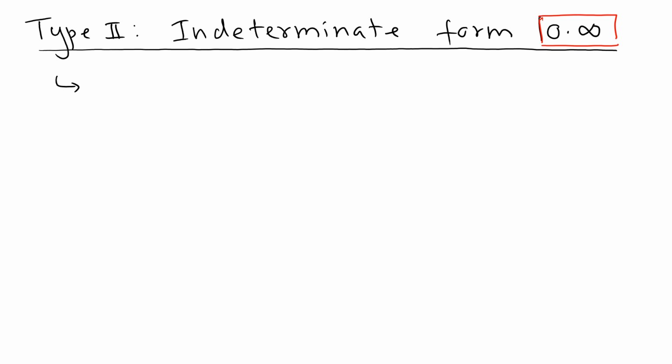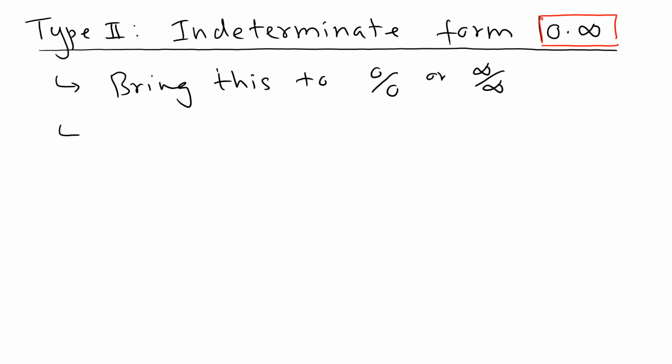What we're going to do first is bring this into either 0 over 0 or infinity over infinity form. We do the easy one, so it doesn't really matter. Sometimes it's easy to bring it to 0 over 0, sometimes it's easy to bring it to infinity over infinity.